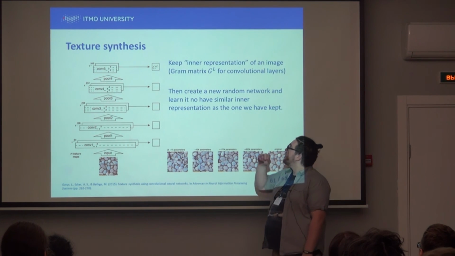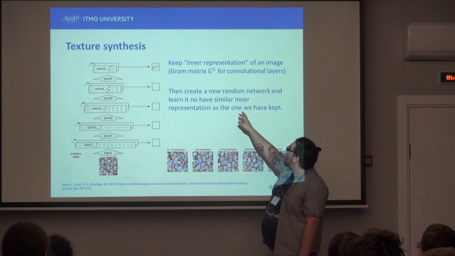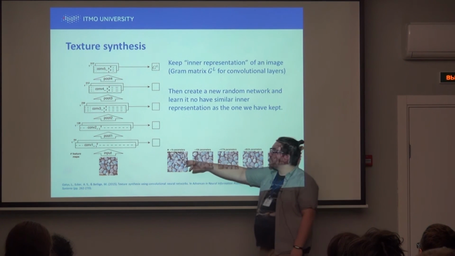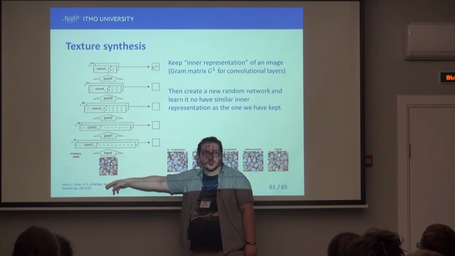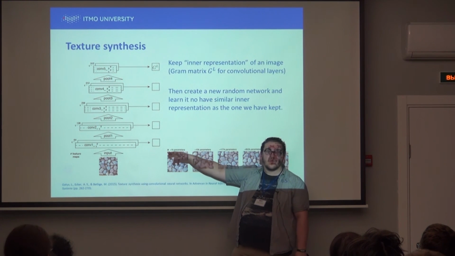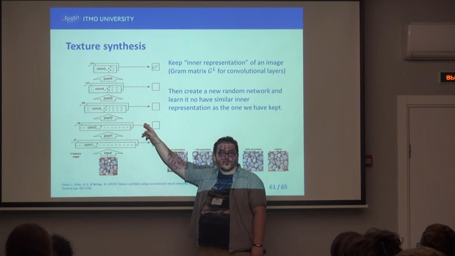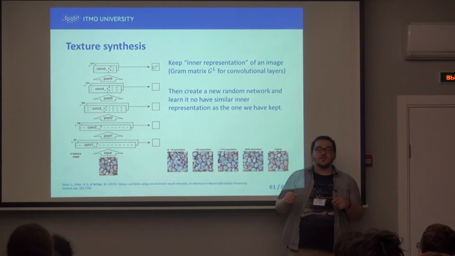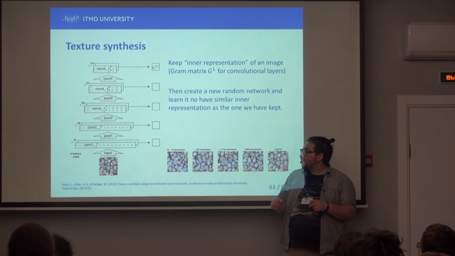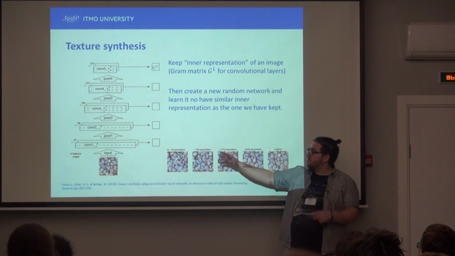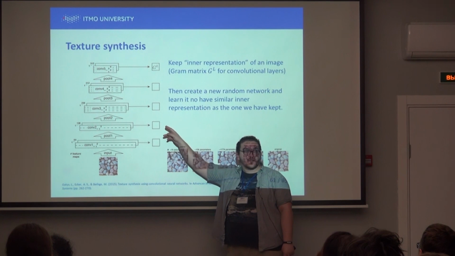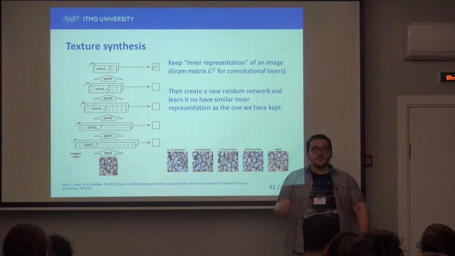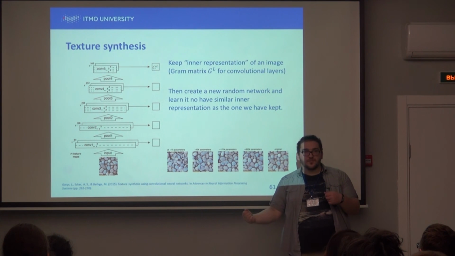We build a so-called inner representation, which is represented with a gram matrix. So we train the network with images, and for each image we fix its representation. Representation is, in short terms, just what we have on convolutional layers before max pooling. So for each image we have its representation.